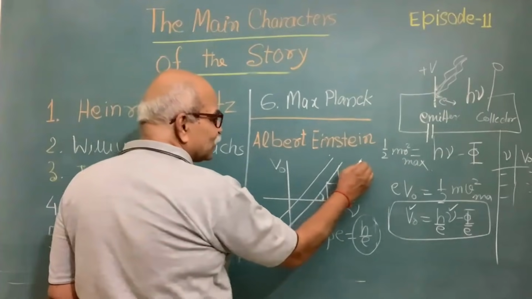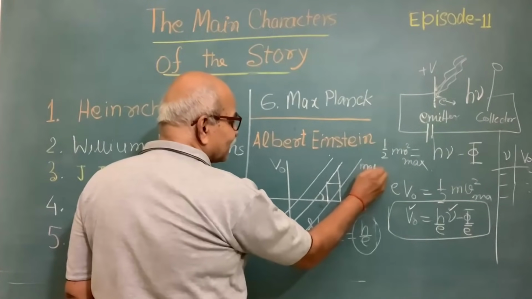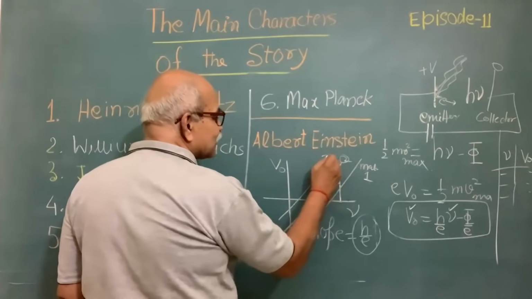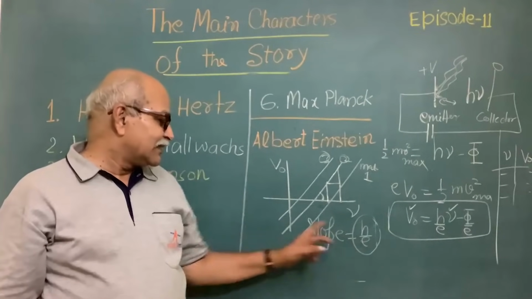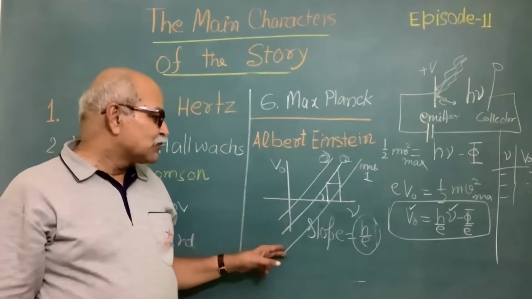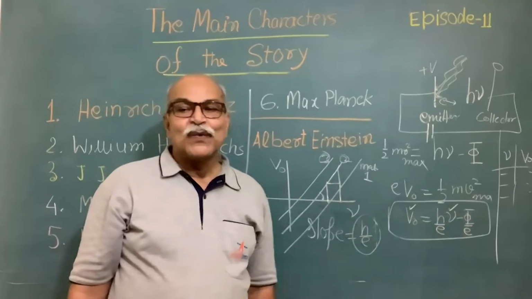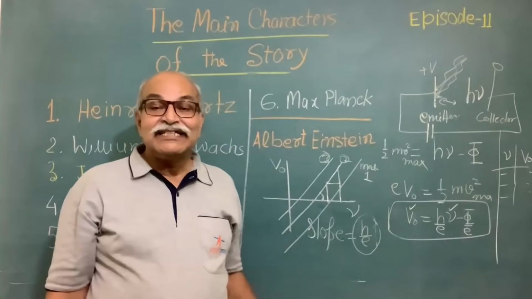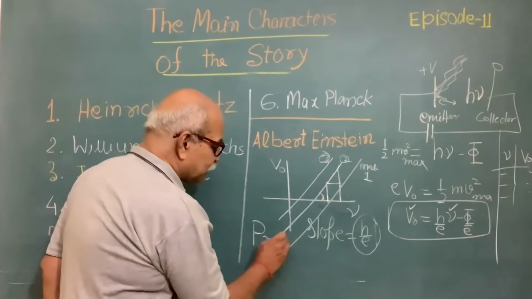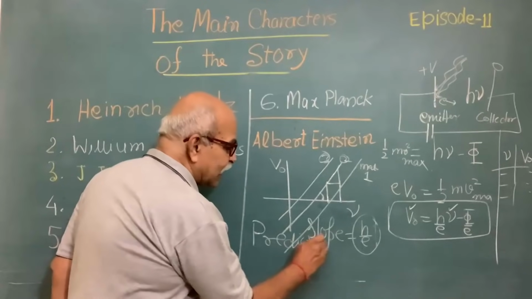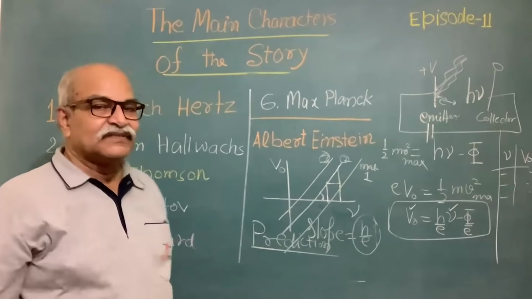This is material 1, this is material 2, this is material 3. Slopes are identical, they do not change, but the intercept will change, and the intercept should be related to the work function. So this is the prediction. No one had done this experiment so far, in 1905.